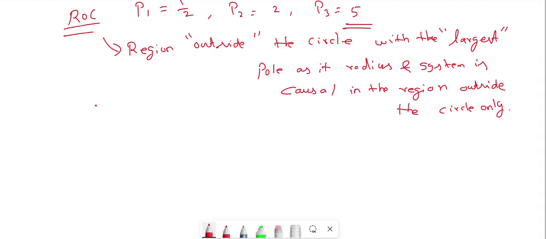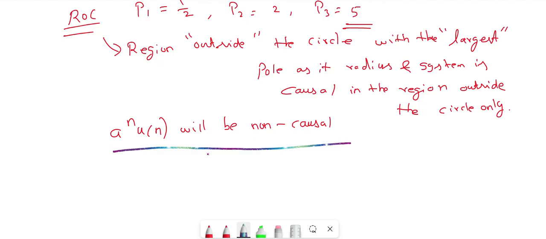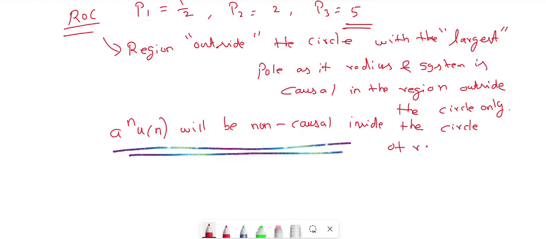So the system denoted by a power n, u of n will be non-causal inside the circle of radius a.